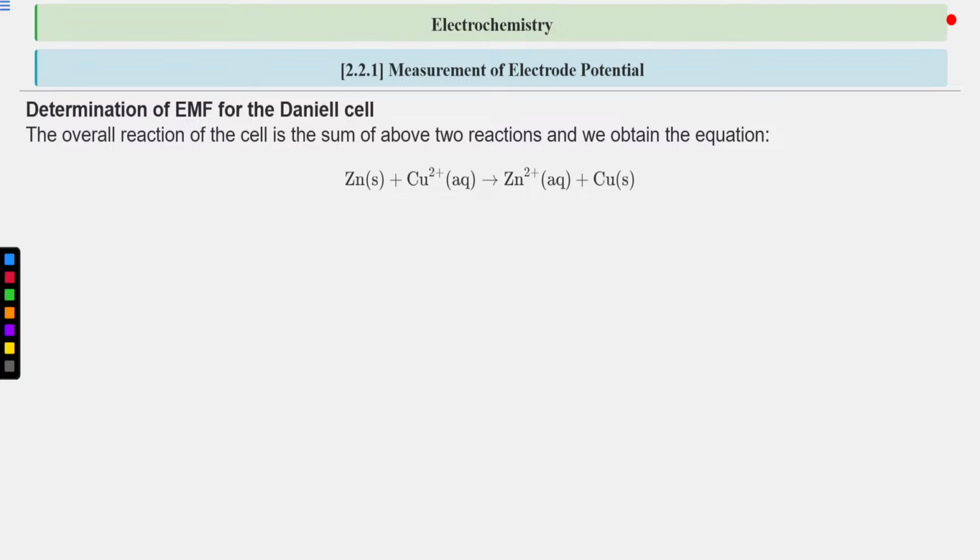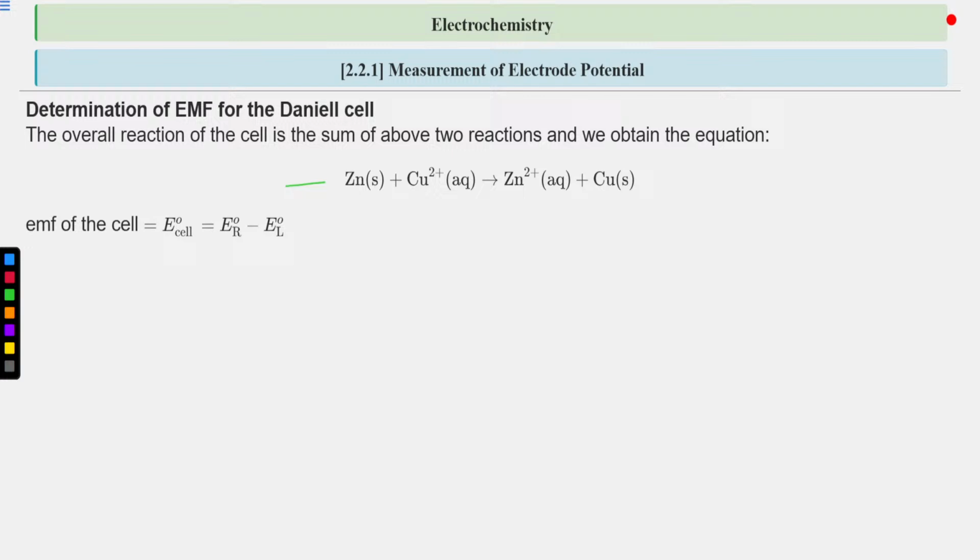The electrons are equal in both the electrodes, so they will cancel out, and the reactant side will add up together and the product side will add up together, and the overall cell reaction will become zinc plus copper 2 plus, giving us zinc 2 plus plus copper. So this is the redox reaction for the overall cell, where the zinc is undergoing the oxidation process and the copper is undergoing the reduction process simultaneously.